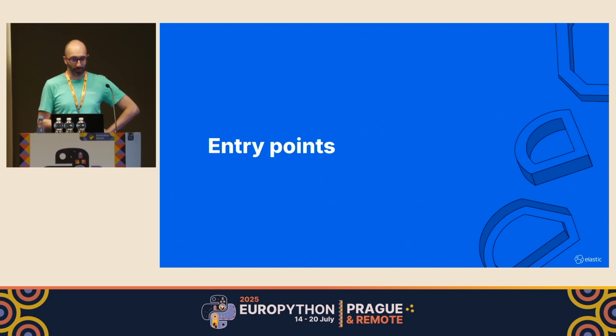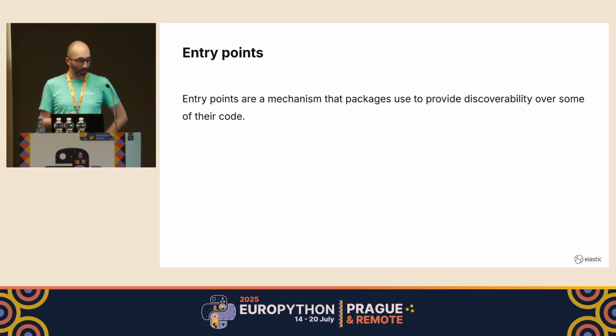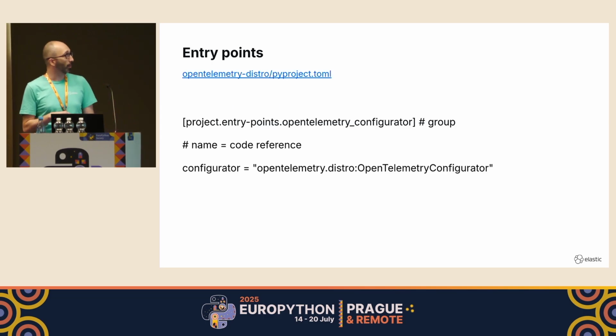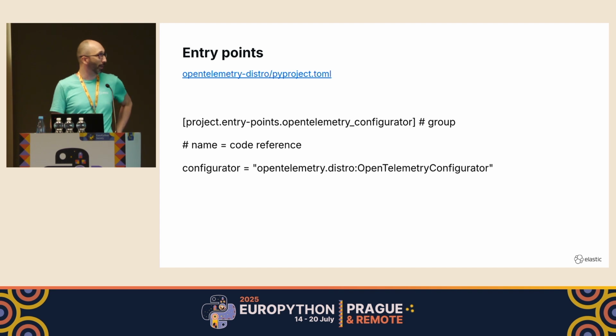So, entry points, another thing that is working under the hood. Entry points are a mechanism that is used to provide discoverability on your code. This is the way the OpenTelemetry Python project implements plugins, so everything is decoupled and pluggable thanks to the Python entry points. I'll show you an example from the OpenTelemetry distro package.